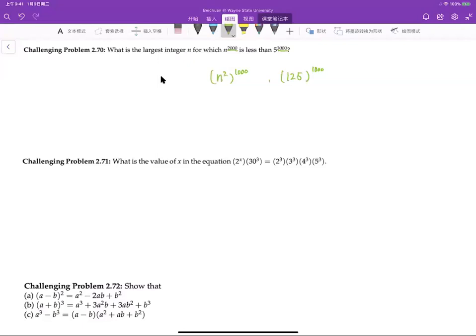We can make the two exponents equal. Then we can compare the bases. We like to find the largest number n for which n squared is less than 125. So n will be 11, right? So in this case, 11 will be the largest.